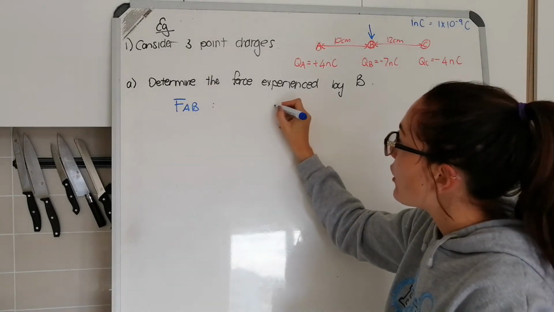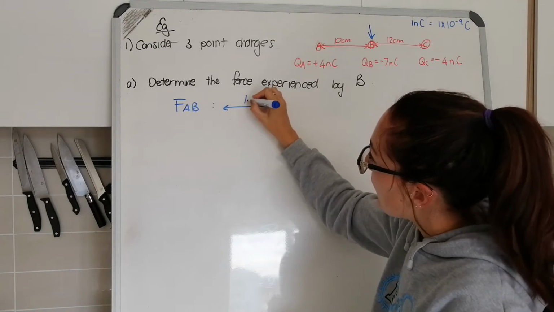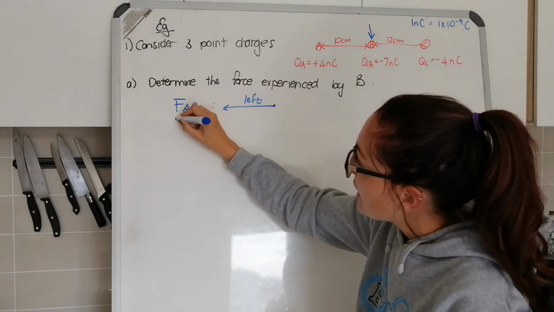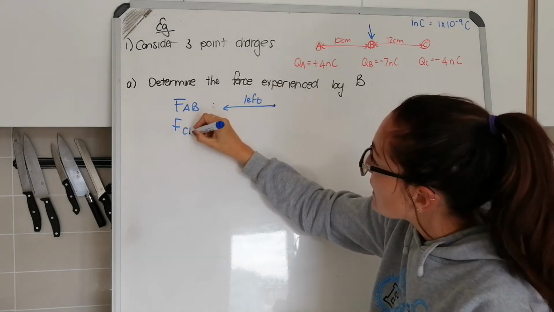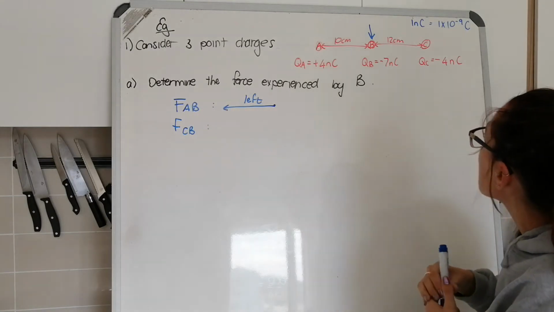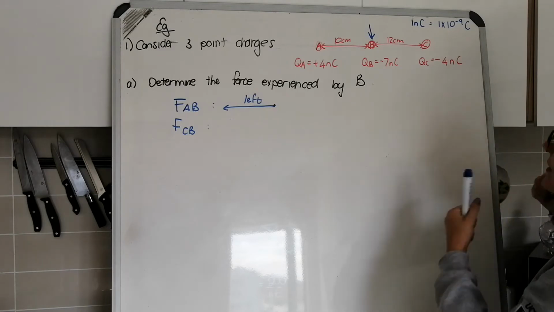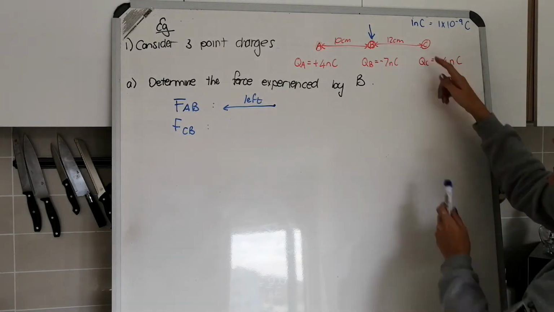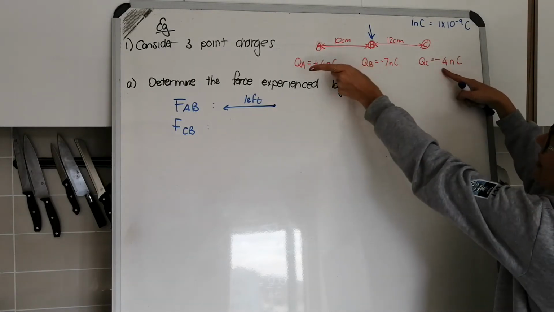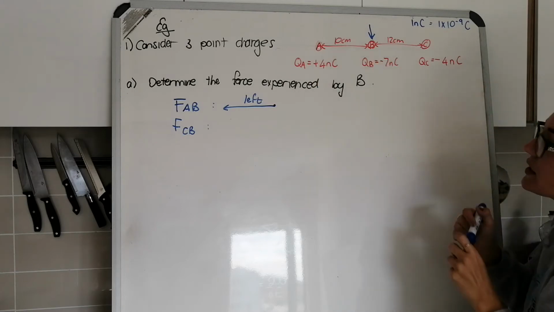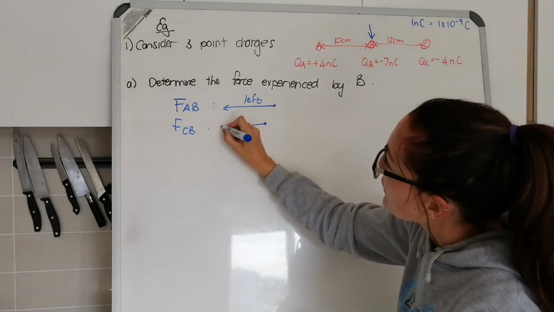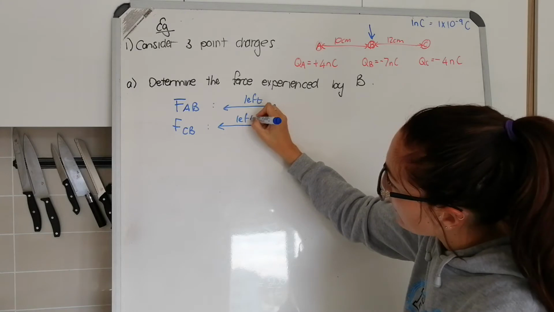So the force of A on B is to the left. Then let's look at the force of C on B. C is negative and B is also negative, which means that's a repulsive force, which means C will be pushing B away, which is also to the left. So the force of C on B is also left.